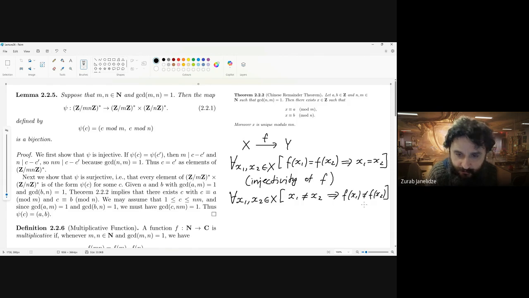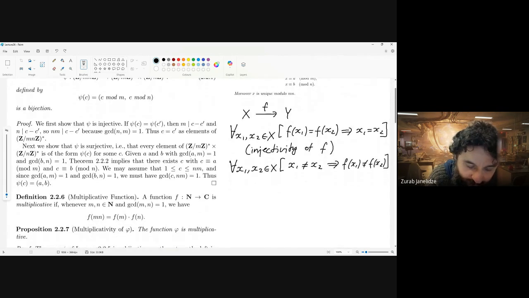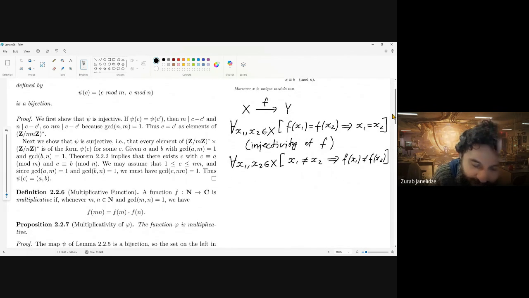Okay, so that's injectivity of the function, and then there is a second component to bijectivity, which is called surjectivity, which says that for every y in Y, there exists an x in X such that y equals f of x.